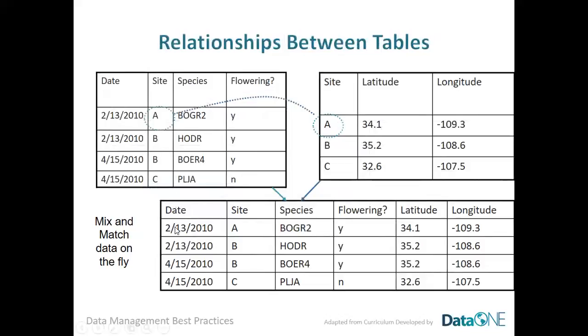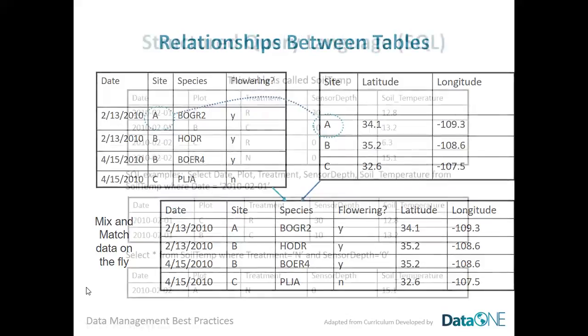So you can combine those two tables, and that's the example on the bottom where the species and the date and site are combined with the latitude and longitude from the sites table, and it creates another table that's independent of those first two tables. And then you can use that table to run additional queries or calculations just using that combined table. So that's one of the benefits of a relational database.